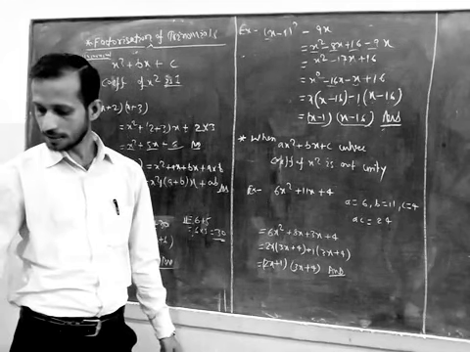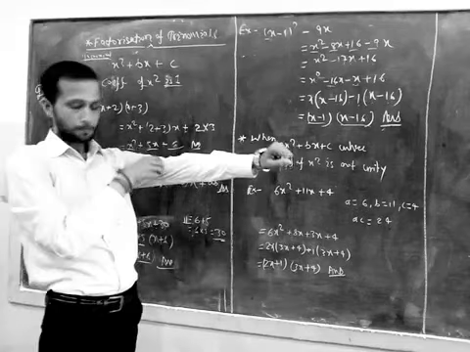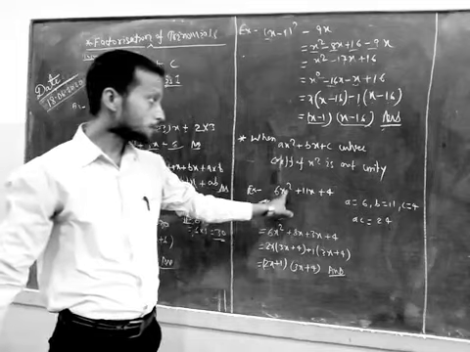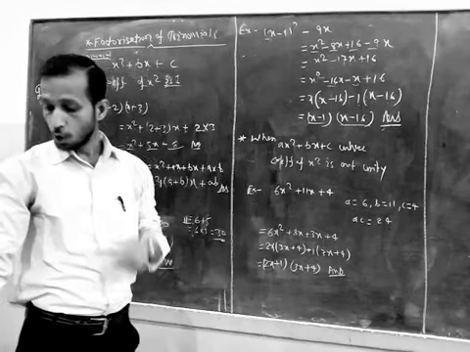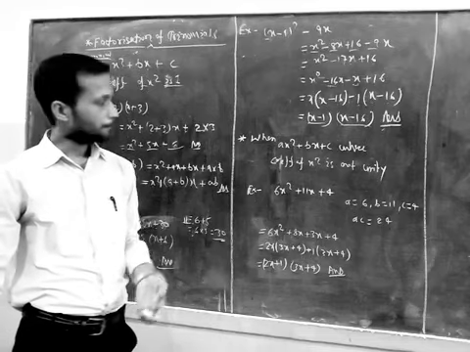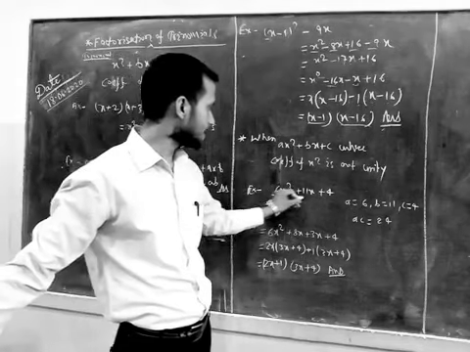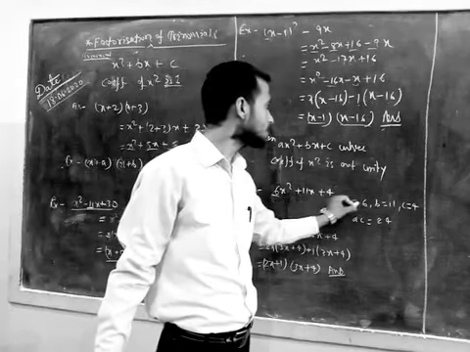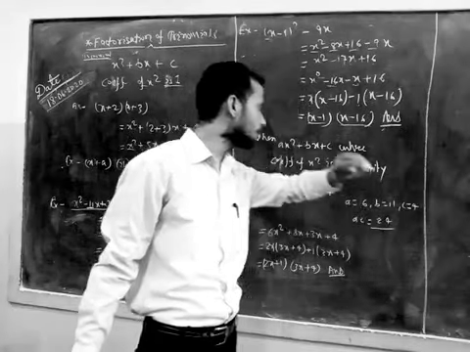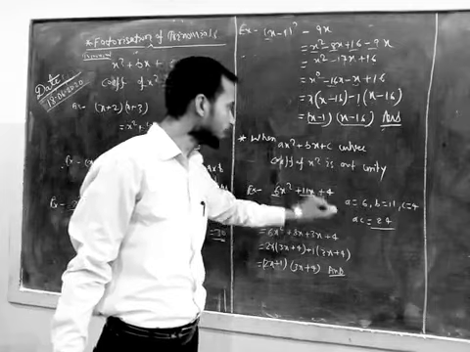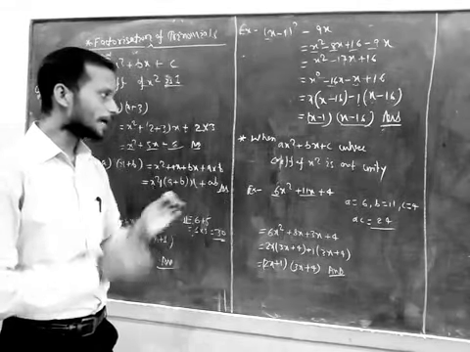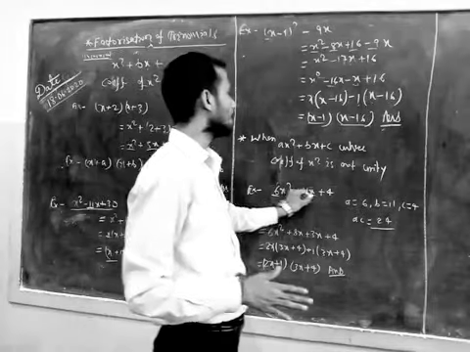Now we have to split 11 into two parts whose product is 24, because a is 6 and c is 4, and the product of a into c is equal to 24.